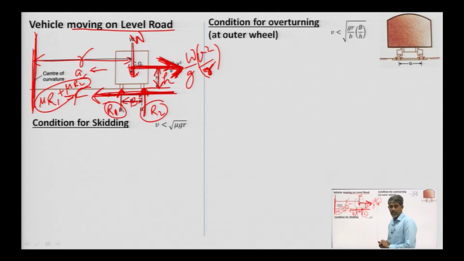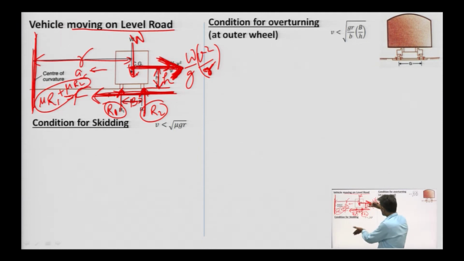The vehicle will continue to move at the same speed along the center of curvature only when the force W upon g into V square by R, due to the centripetal effect, equals the friction developed at the inner and outer wheels.